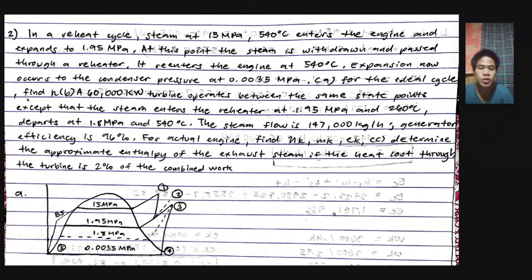Okay, next question, number 2. In a reheat cycle, steam at 15 MPa, 540 degrees Celsius enters the engine and expands to 1.95 MPa. At this point, the steam is withdrawn and passed through a reheater.